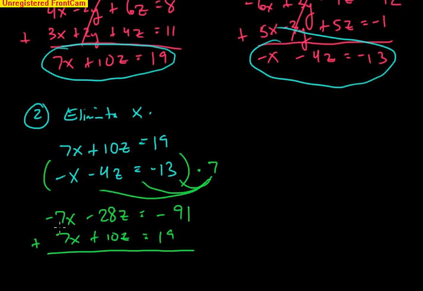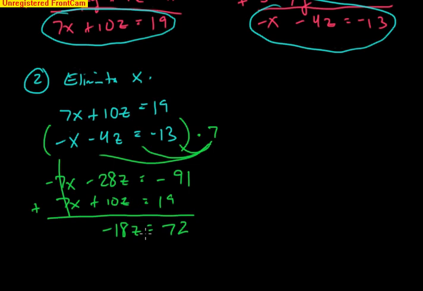I have the situation I want with the x's, so they cancel. Negative 28 and 10 is negative 18z. Negative 91 and 19 is negative 72.